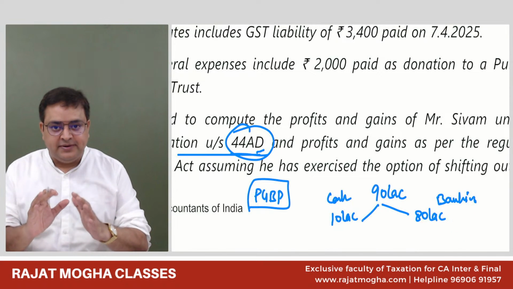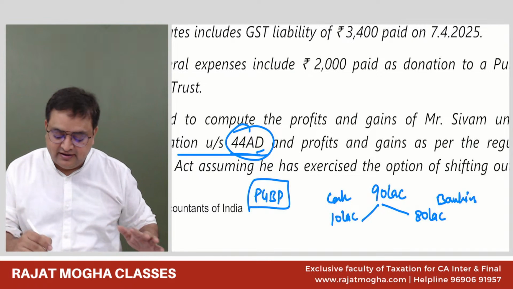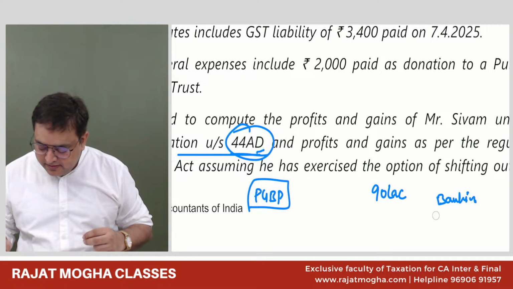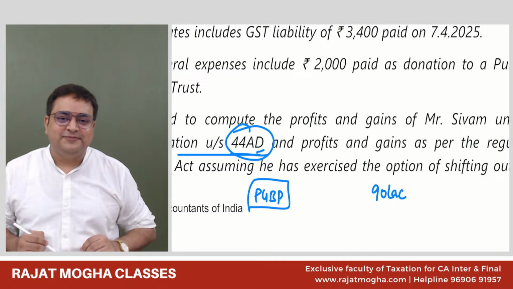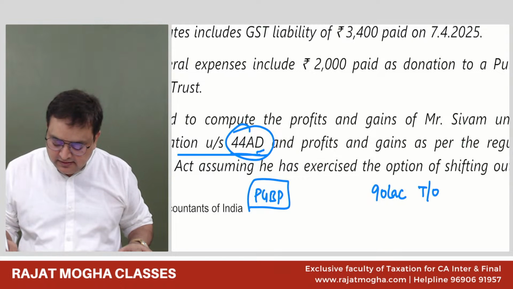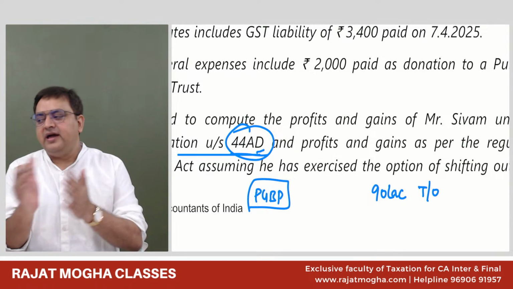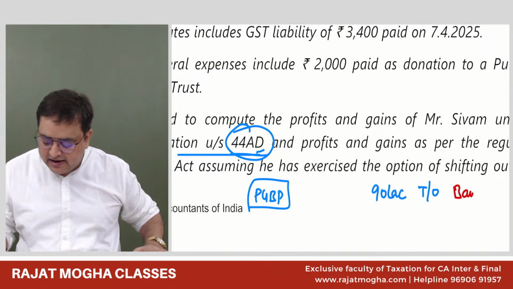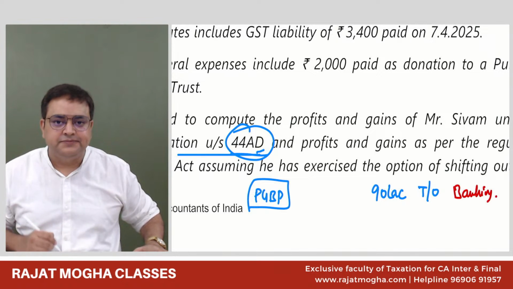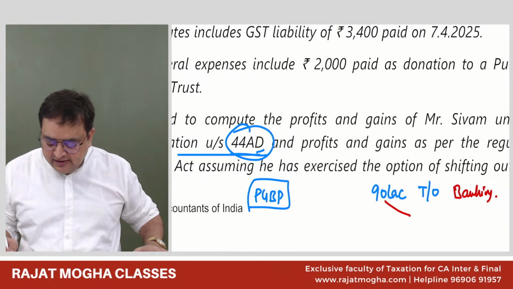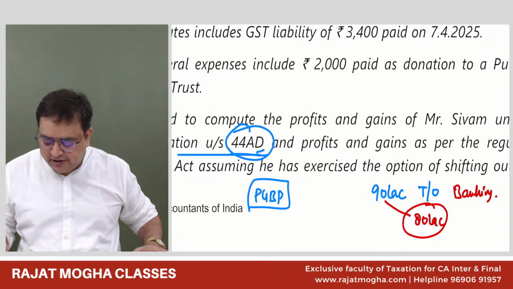Let's say, for example, the assessee's turnover is 90 lakh, entirely through banking mode. But out of this, 80 lakh he received through banking mode up to the due date of ROI.